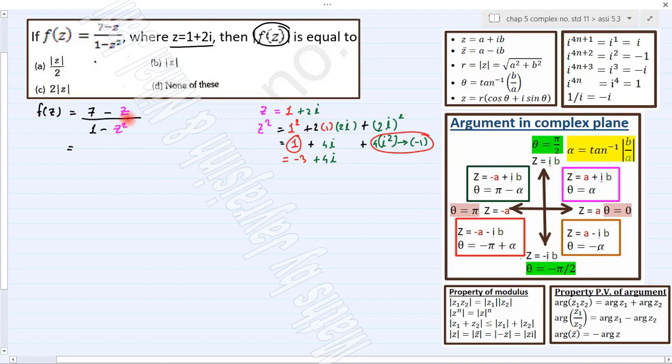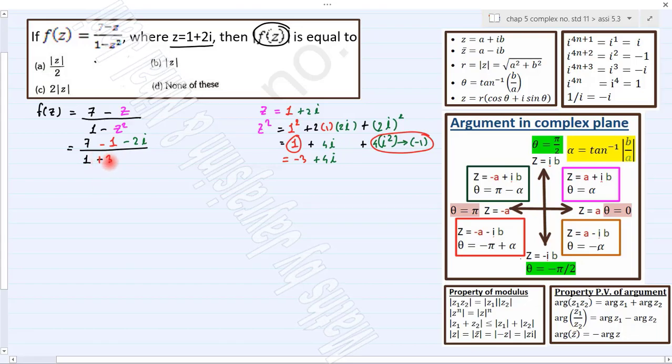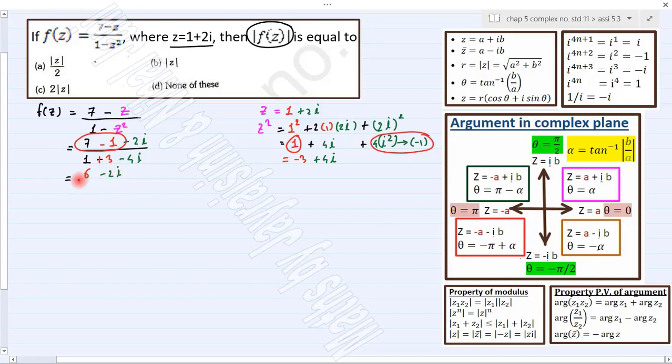So let's substitute the value of z and z square. In the numerator we will get 7 minus z, or we can say minus 1 and minus 2i. And in the denominator we will get 1 minus z square, so we will get plus 3 and minus 4i. Now let's simplify. 7 and minus 1 will become 6 and minus 2i will be as it is.